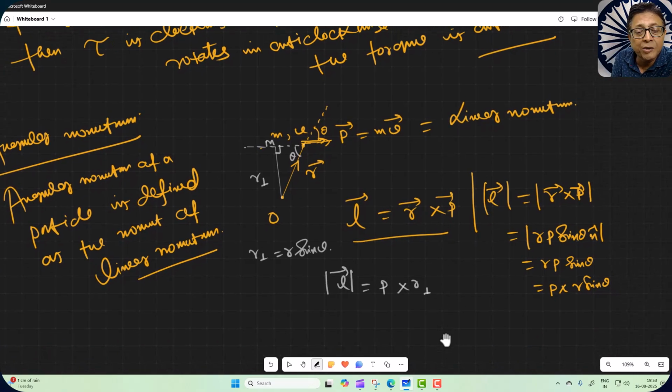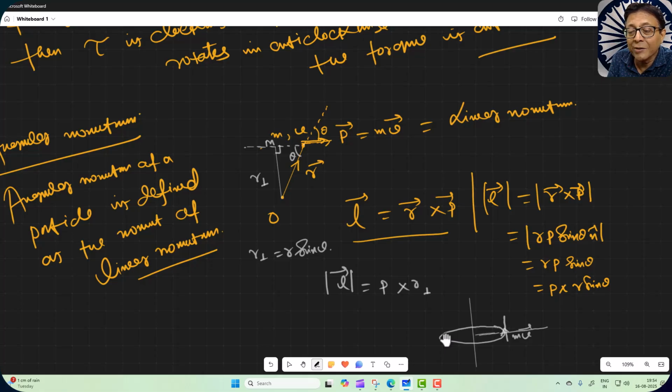This is very easy to observe in circular motion. What do you observe in circular motion? In circular motion, this is the axis of rotation. Linear momentum is tangential, m into v, and this is your R perpendicular.